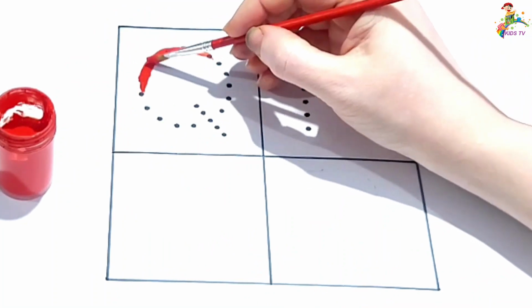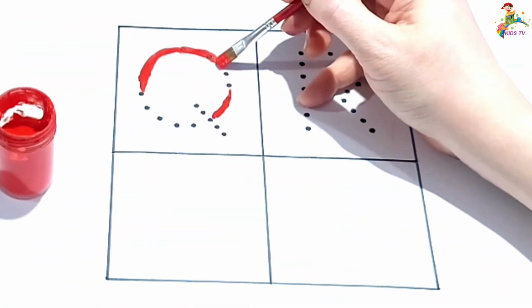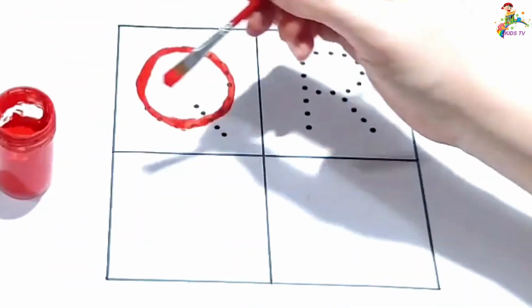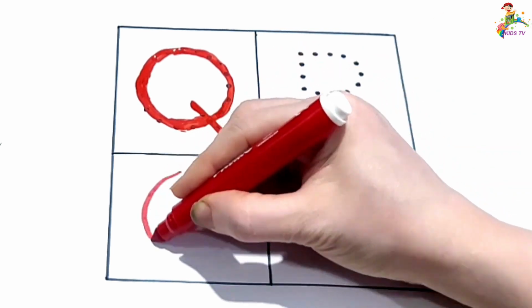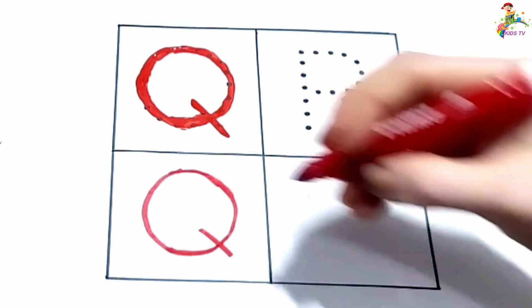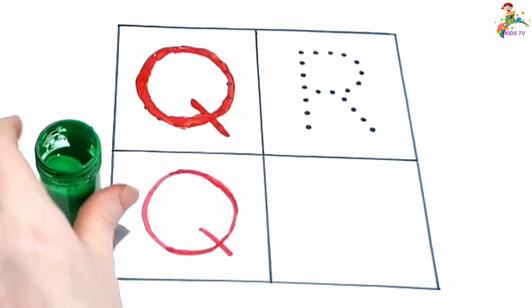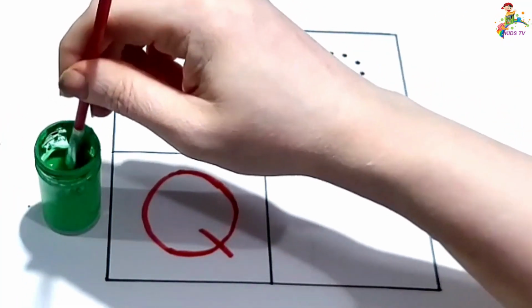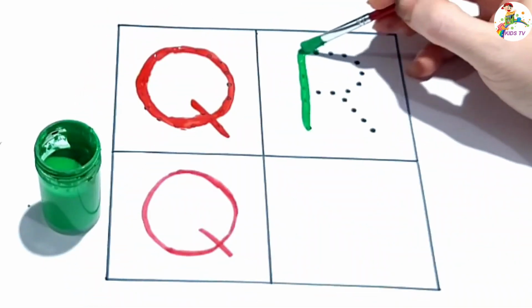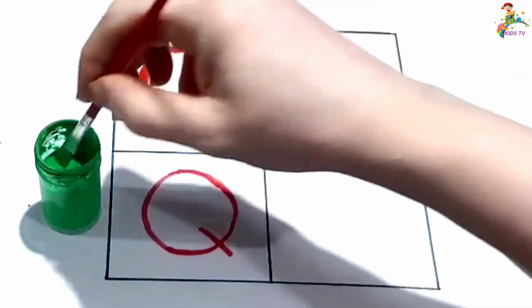Red color. Q. Q for queen. Q for question. Green color. R. R for rabbit.